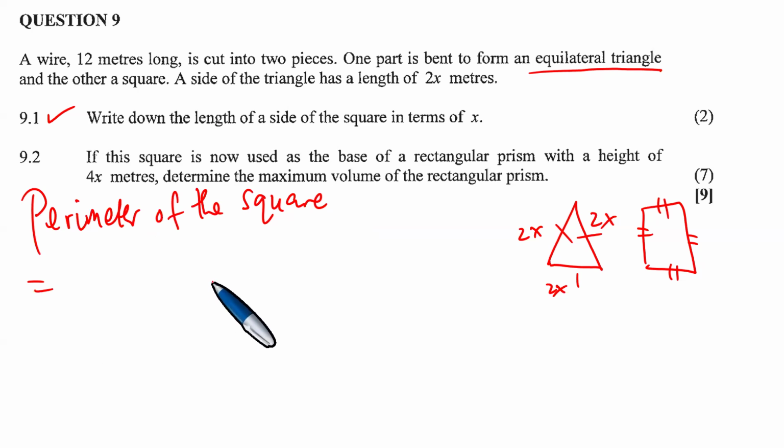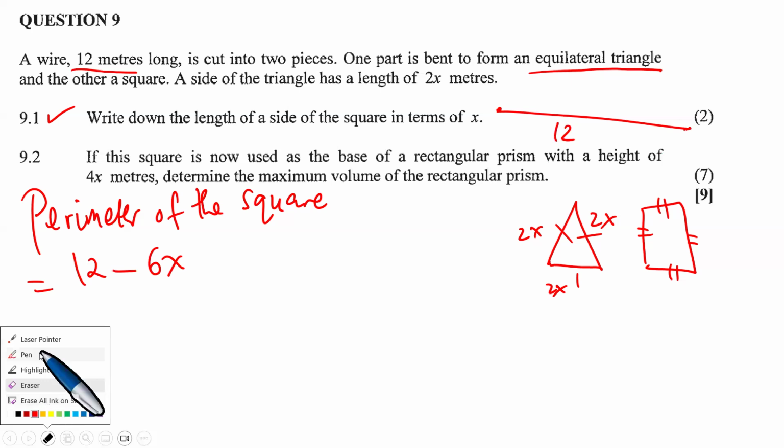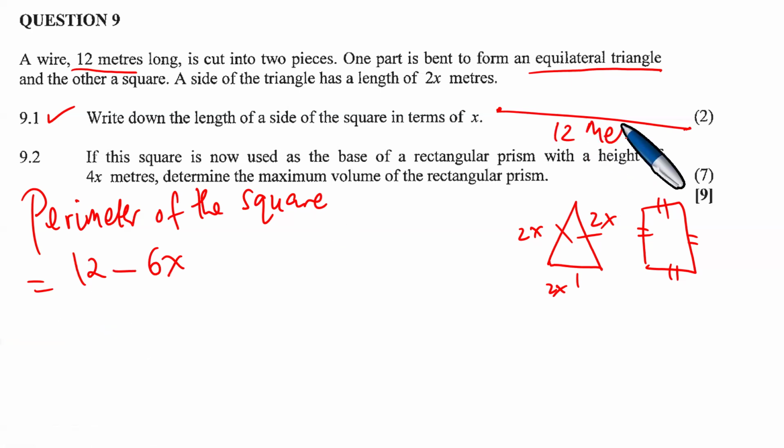The perimeter of the square is obtained as follows. Remember that this wire is of a given length, namely 12 meters. Out of the 12 meters of the length of this wire, you're going to subtract 2x three times, so in other words we subtract 6x, and this gives us the perimeter. We subtract 2x for each side of the equilateral triangle. Pay particular attention to the things that matter.